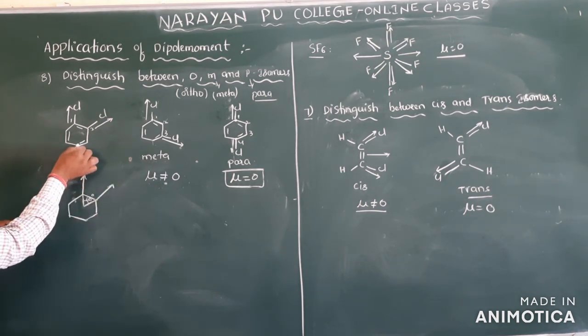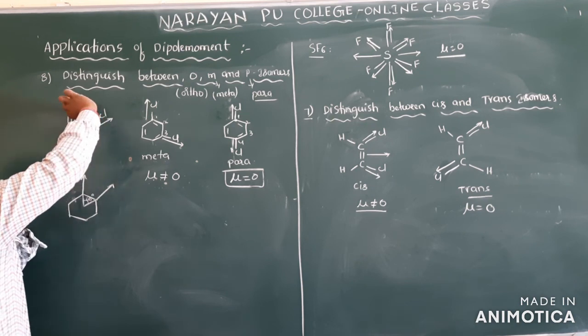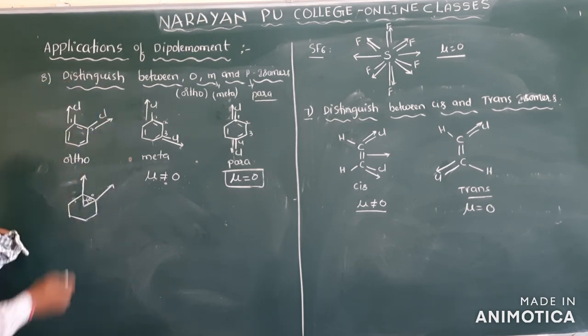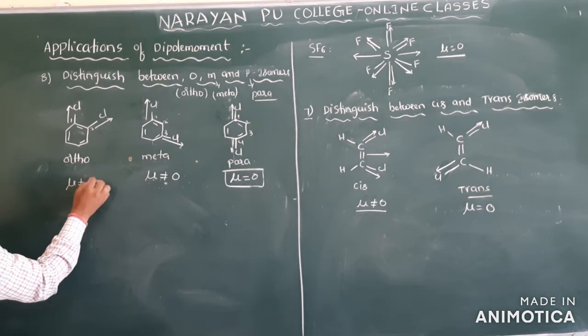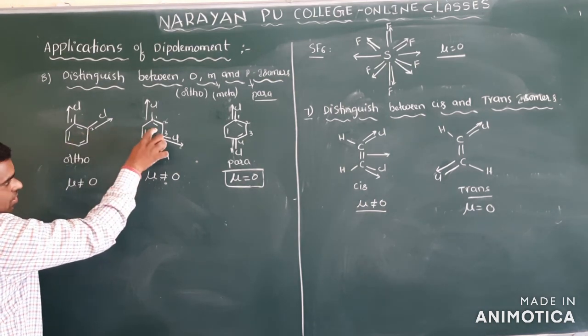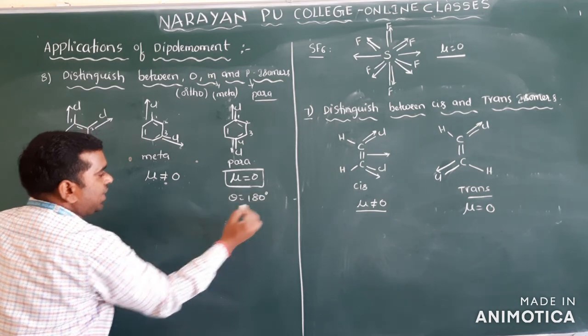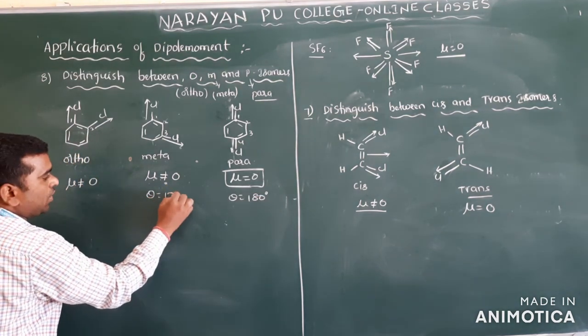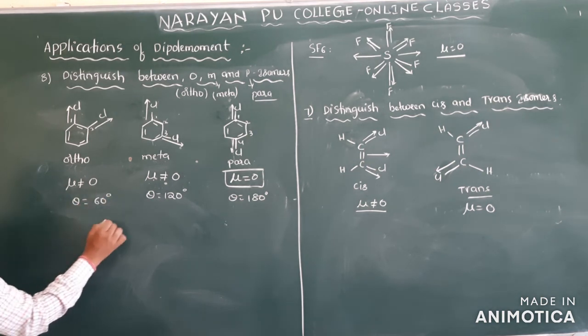But you see, opposite ones are cancelled. If you are moving close to the chlorine, the dipole moment is added. Got my point? So the dipole moment here is also not equal to 0. But here it is highest, here compared to this it is low, and here 0. Here the angle is 180 degree, here 120 degree, and here 60 degree. Now what can I write here?